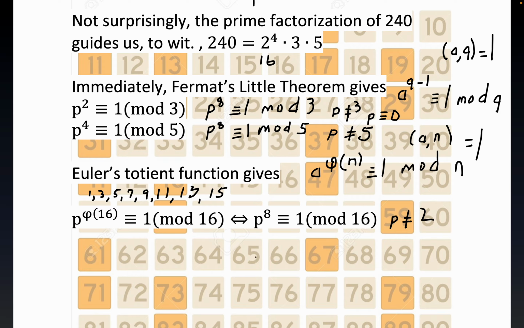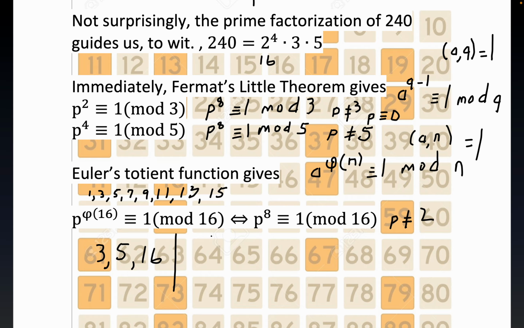I'll just write them in order: 3, 5, and 16. All of them divide p to the 8th minus 1.